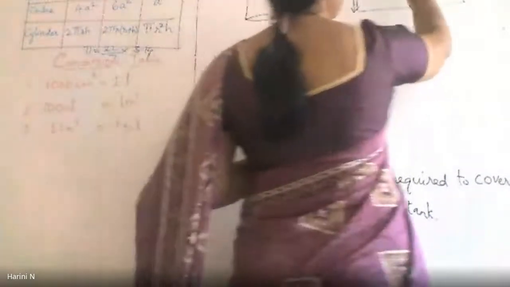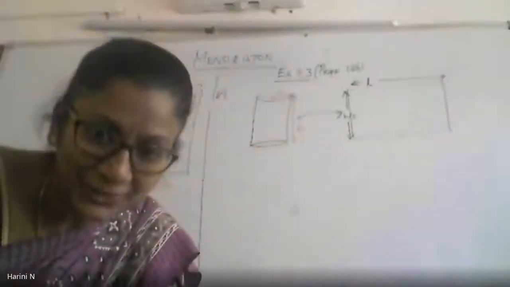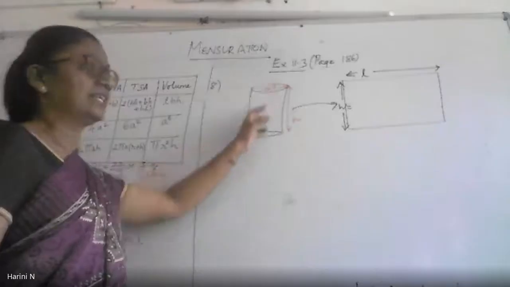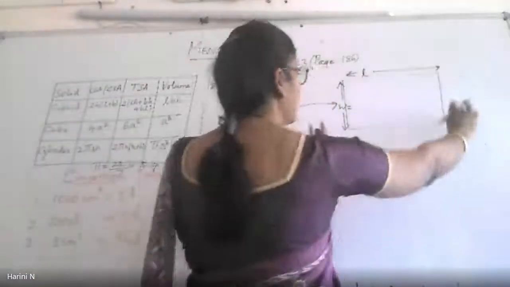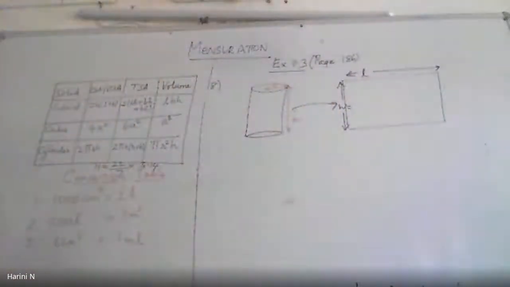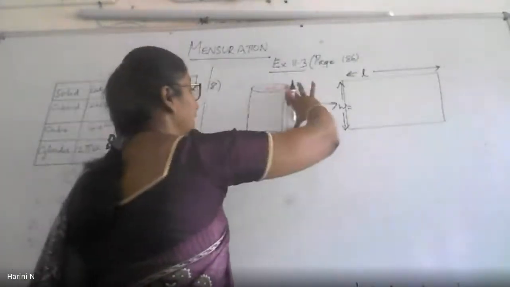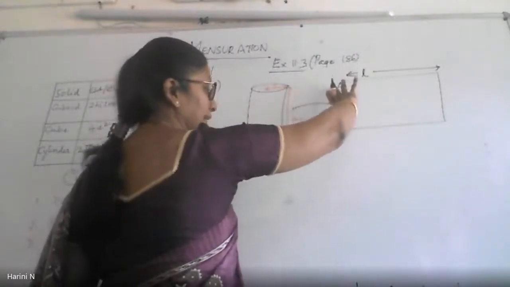Are you not able to see something? Just a minute. Let me see what happened. Oh, sorry. Now we are able to see? Yes, ma'am. This cylinder is cut open and made into a rectangular piece. So when you cut open the cylinder, the height of the cylinder has now become the width of the rectangle.